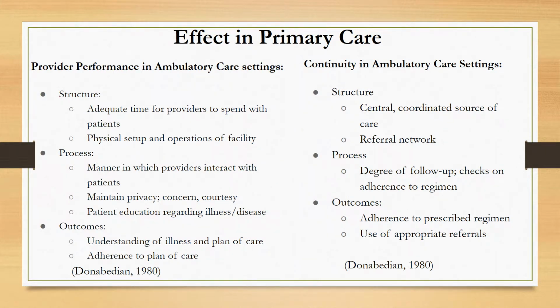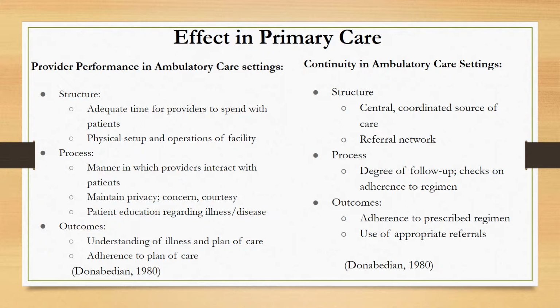The second attribute that Donna Bedian proposed in the effectiveness in ambulatory care includes provider performance. Under the structure, process, outcomes model, structure measures would include adequate time for providers to spend with patients, the amenities incorporated in the physical setup and the operations of the facility.